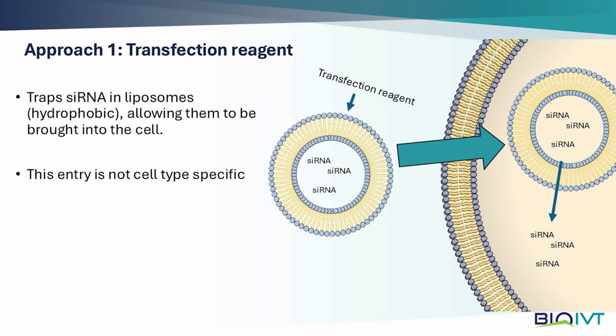This was just a lipofectamine-based reagent in our case. So this will trap the siRNA in these liposomes and allow them to be brought into the cell. We know this entry is not cell type specific, and that did kind of factor into the timing of when we do these transfections in HEPATOPAC.